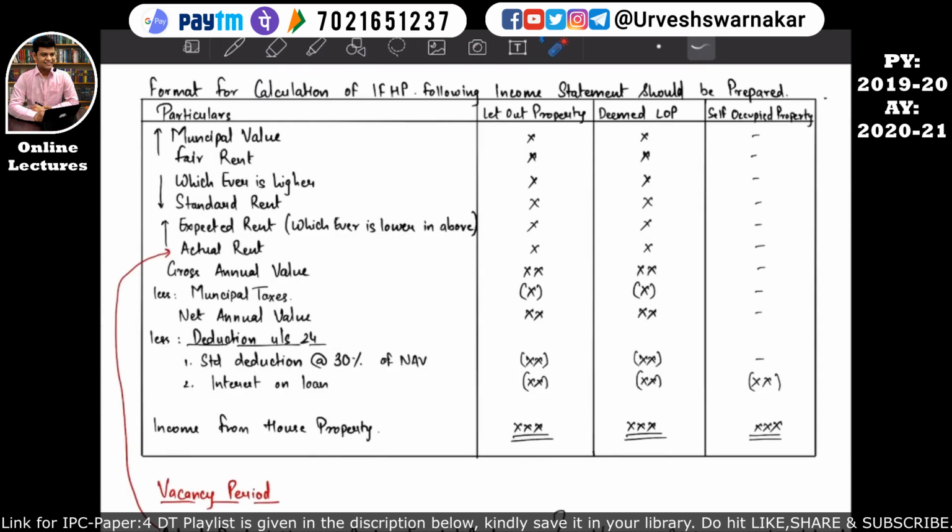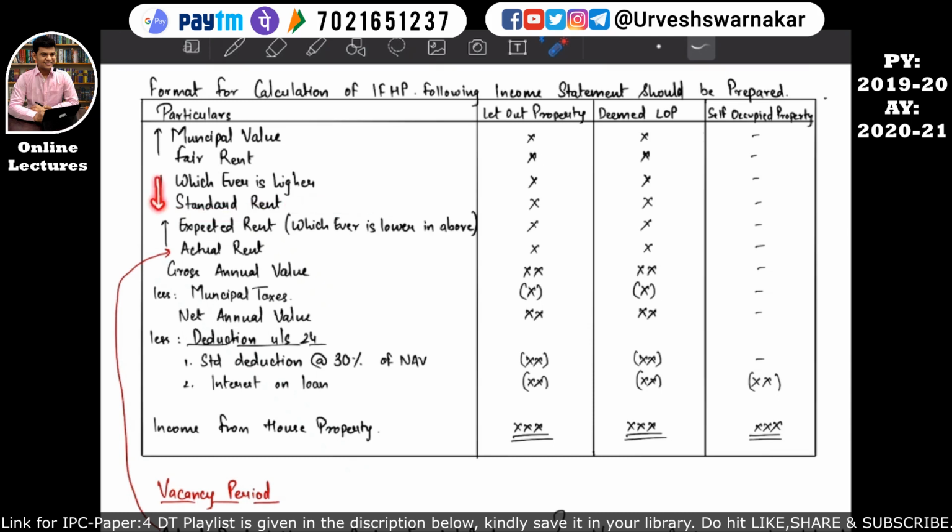So this formula will come into picture, where the income tax officer, that is ITO, which stands for income tax officer, will ascertain the municipal value for the house property, and then he will also ascertain the fair rent of the house property. Whichever will be higher will be considered over here, and whichever will be higher will be compared with the standard rent as found out by the income tax officer.